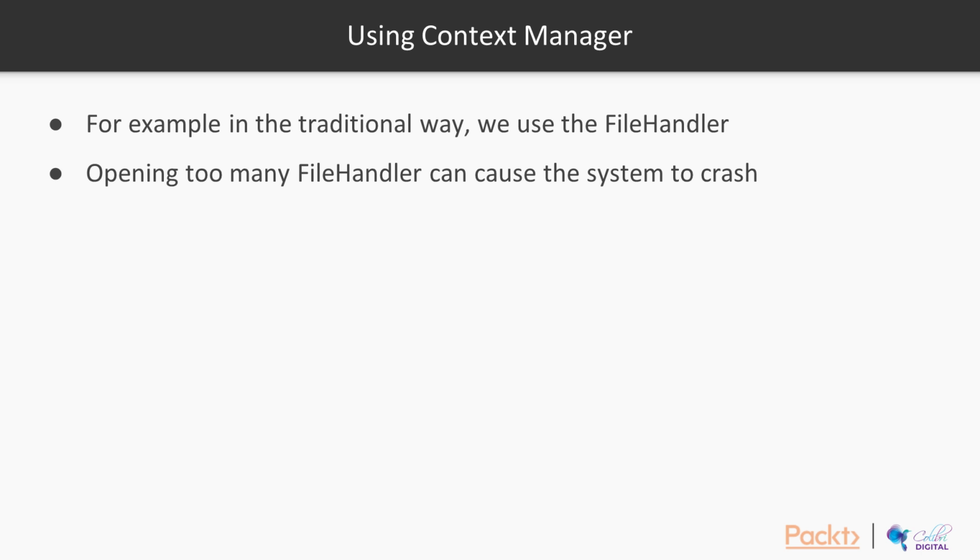Contrast this with the traditional way of simply opening the data by using, let's say, file_handler equals open chapter 111.txt, and then data equals file_handler.read. At some point, you need to remember to close the file handler, because if you open too many file handlers, your system would crash. This is a lot of cognitive overhead that as programmers, we don't really want.